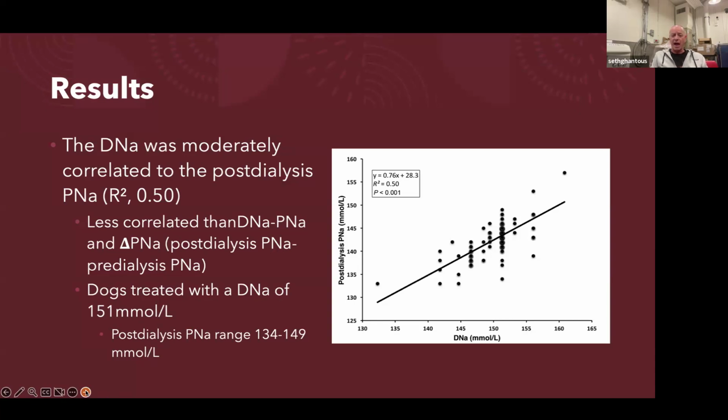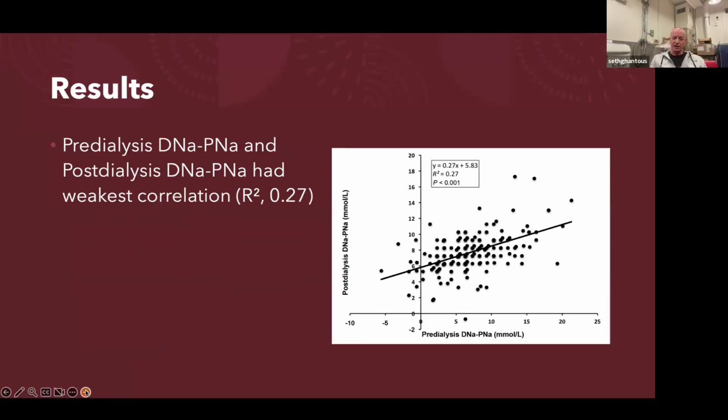You can see on the graph that, although there is an okay fit of that line, dogs, for instance, treated with a dialysis sodium of 151 could range from 134 to 149 when they were coming off the machine. So it wasn't quite as good a correlation. And finally, here's the graph of the pre-dialysis gradient and the post-dialysis gradient, which had the weakest of the 3 correlations.